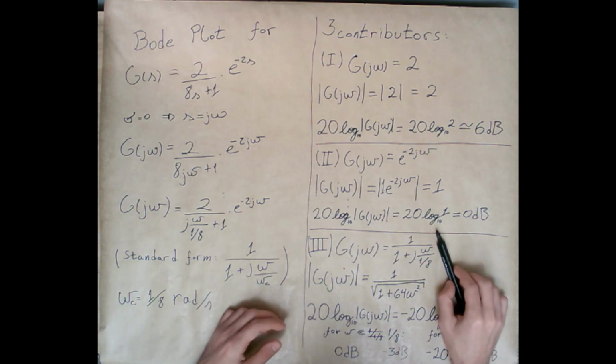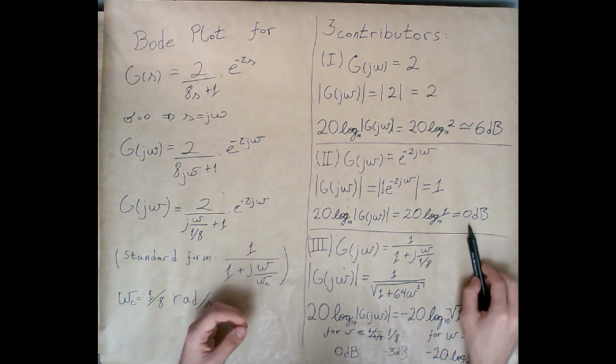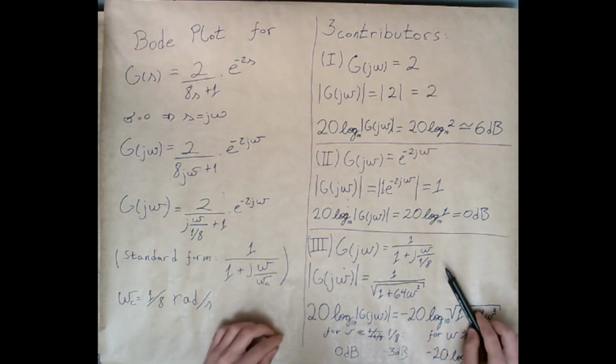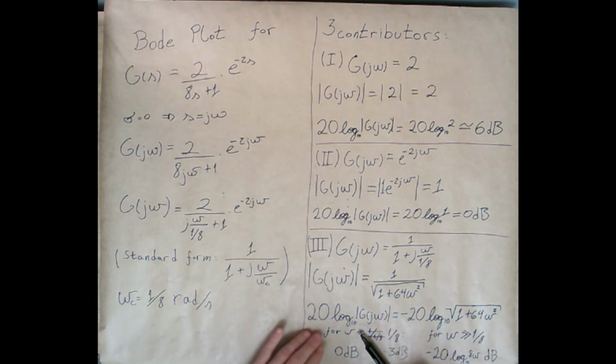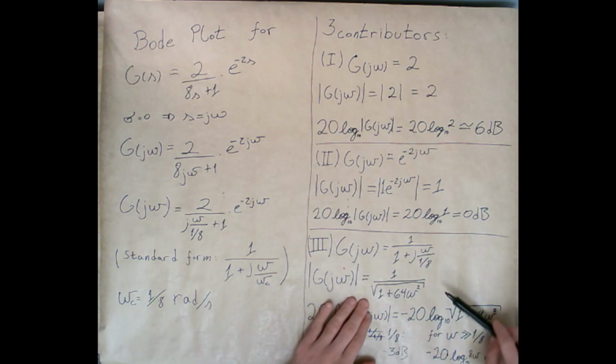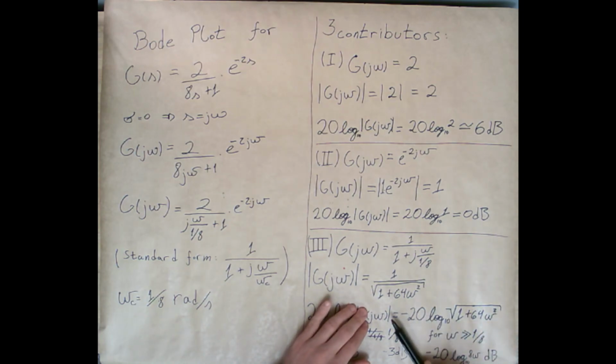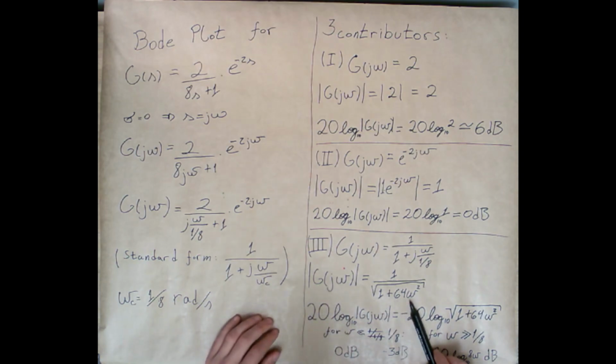Log base 10 or any base of 1 is 0 dB. The contribution of the third term is basically just 20 times the log base 10 of its absolute value. The absolute value of this function is 1 over square root of 1 plus 64 ω squared.